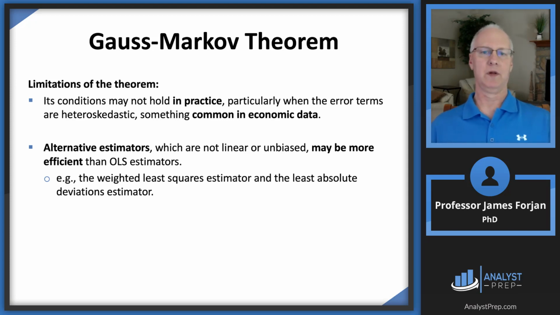Now, here's the problem: error terms very commonly contain heteroskedasticity, especially when using economic data. When I wrote my dissertation hundreds and hundreds of years ago, we had to do tests for heteroskedasticity, and then there are ways to correct for it so that you can still make some reasonable conclusions.